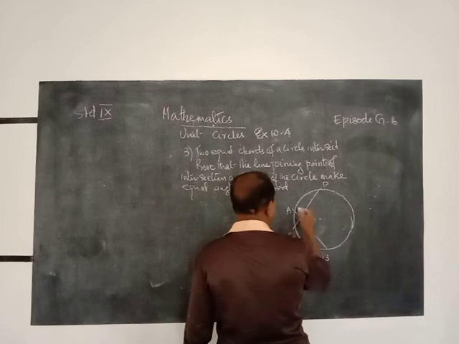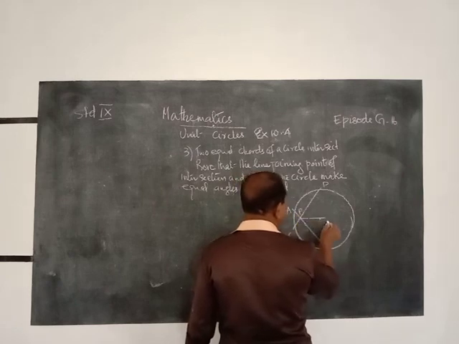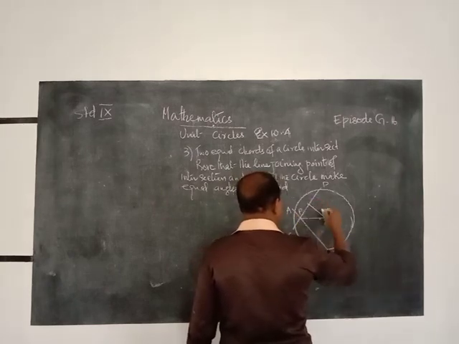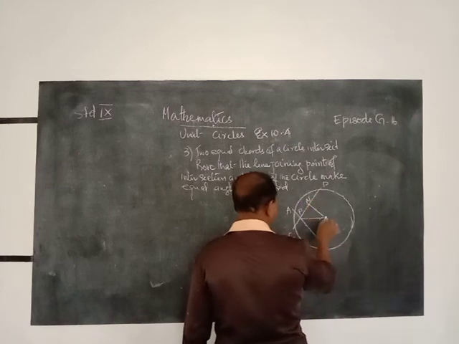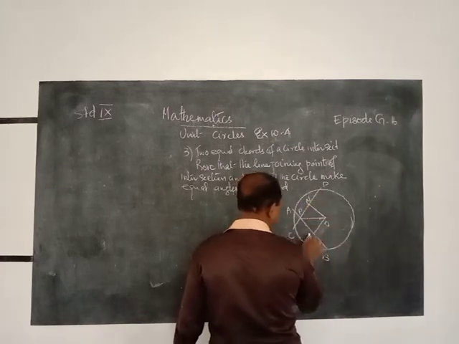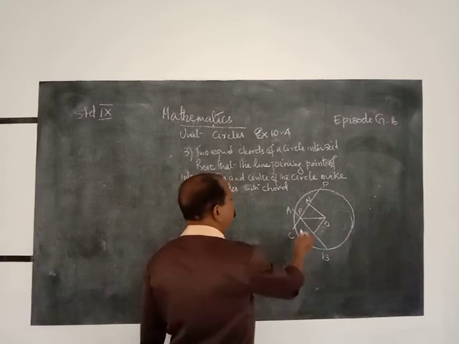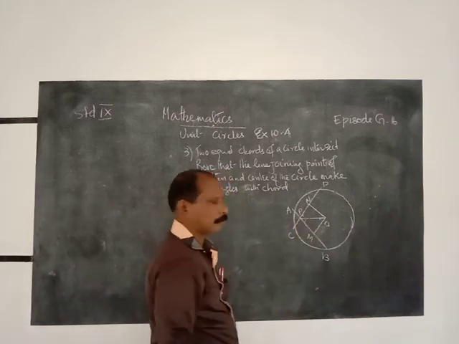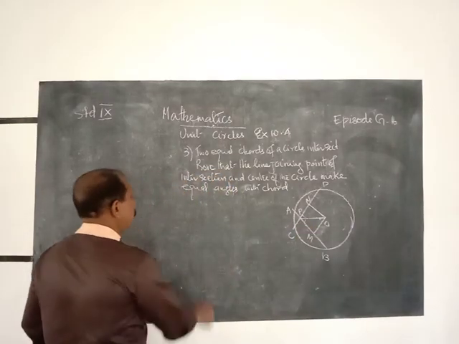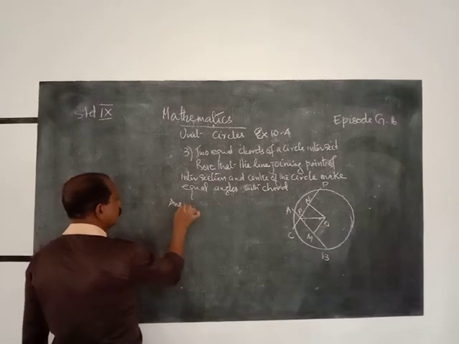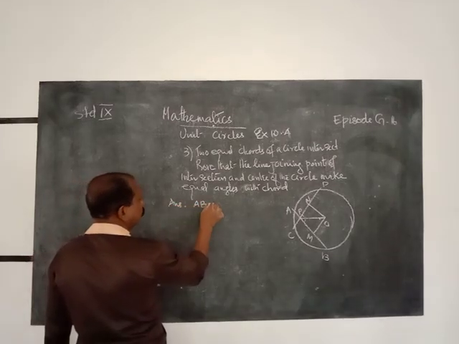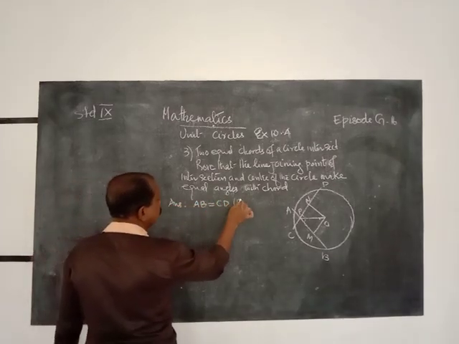They intersect at P. Then this is the center O. This is PM, and this is OM. Prove that these two angles are equal. Same question. The answer: AB is equal to CD. That is given.